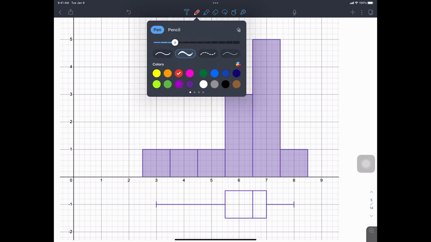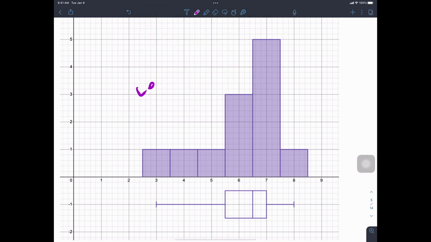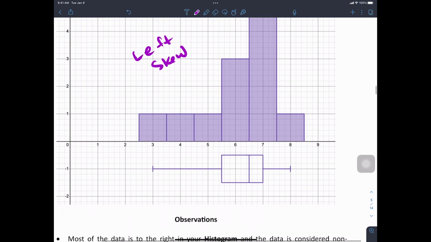What do we say that meant? Yup, that meant a left skew situation. Here's how you can think of it. Think of the normal distribution where most of the data is in the center. This picture is like they're pulling the distribution to the left. They're pulling those bars to the left. You guys see what I'm saying? The bars are being pulled to the left. That's a left skew distribution.